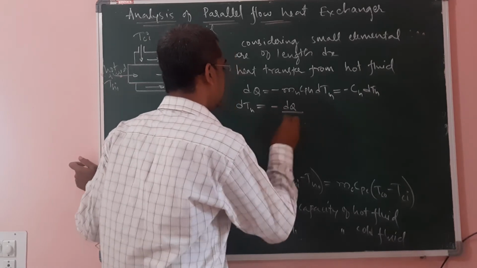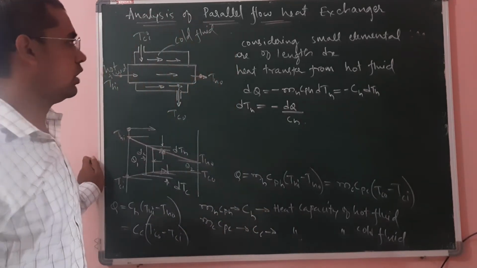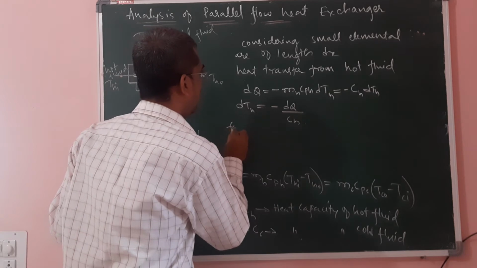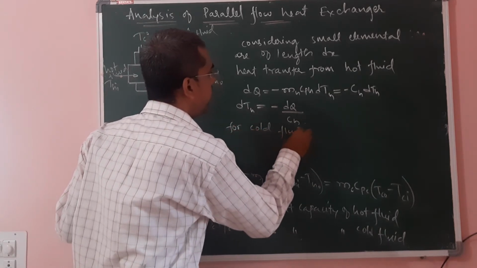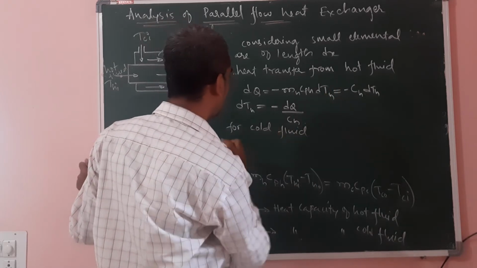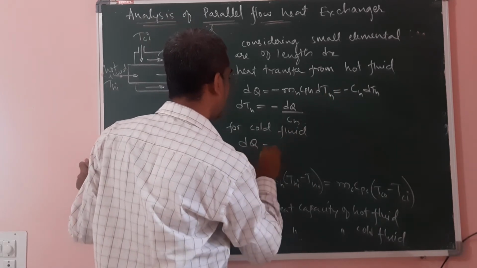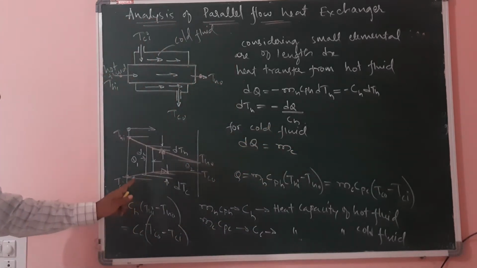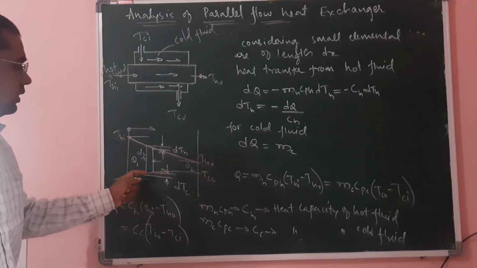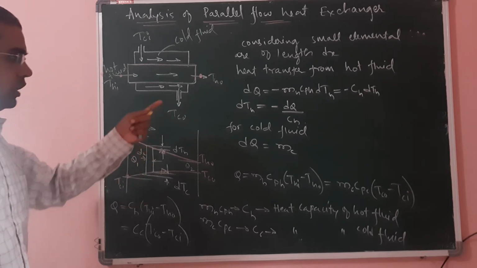In the similar way for the cold fluid, dq is equal to mc into Cpc into dTc. Here we will take positive because as we move along the length the temperature has increased, it has not decreased.